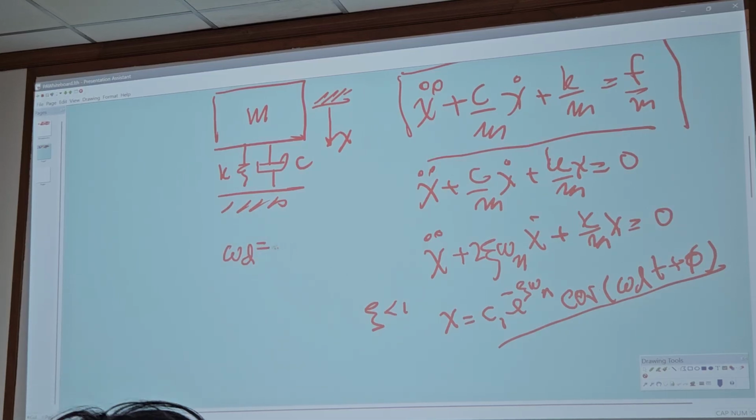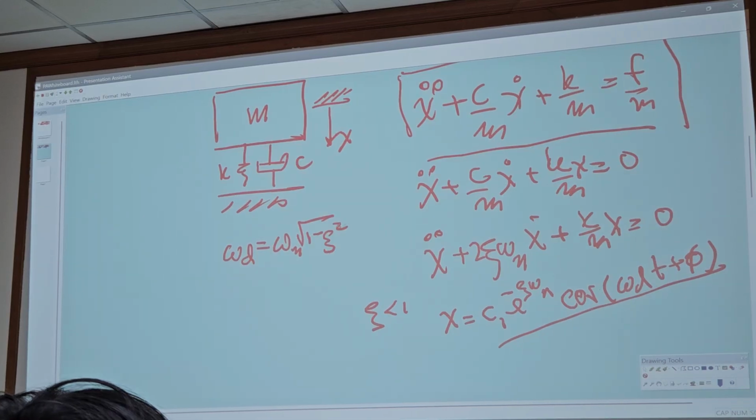Actually, you have omega d equal to omega n square root of 1 minus zeta squared. You solve this one.